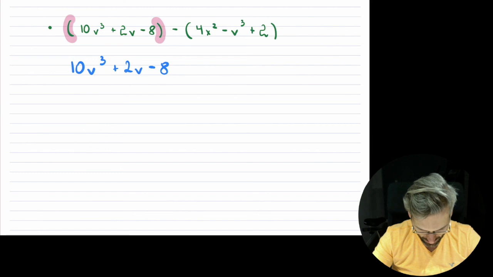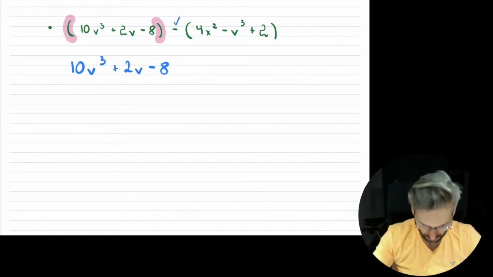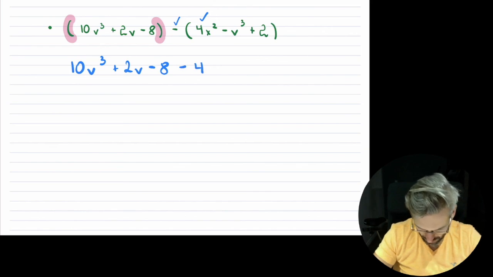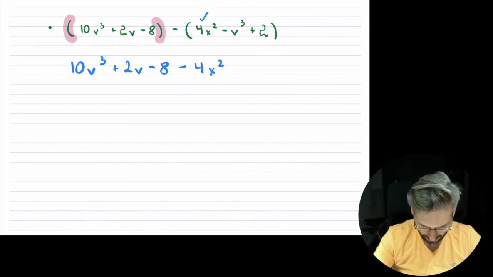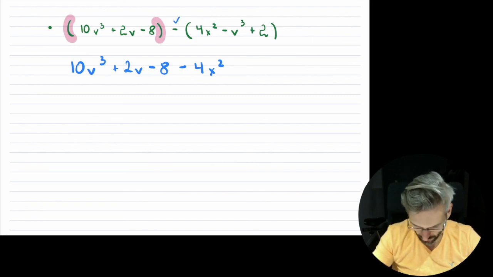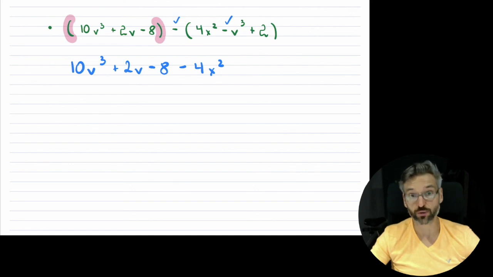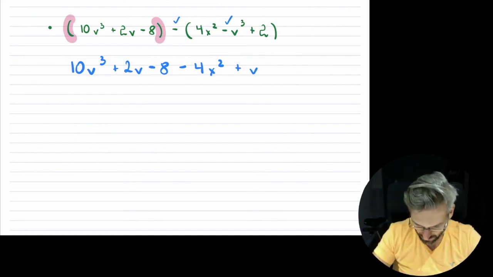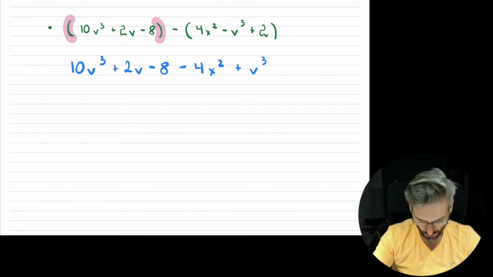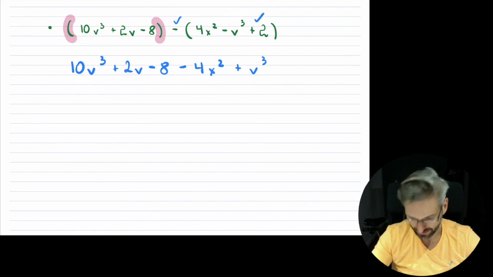Because we have a subtraction, subtracting 4x squared, a lot of students remember this, but then they forget that they have to do that to each term. So here we have subtraction of negative v cubed, the negative and the negative is now positive v cubed, and finally you have subtracting the plus 2, which is just minus 2.